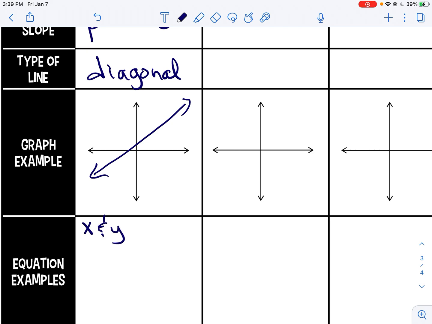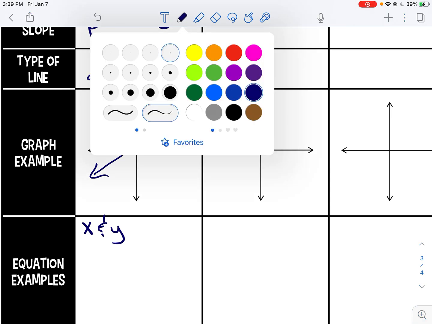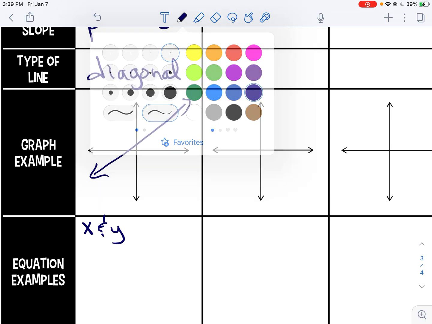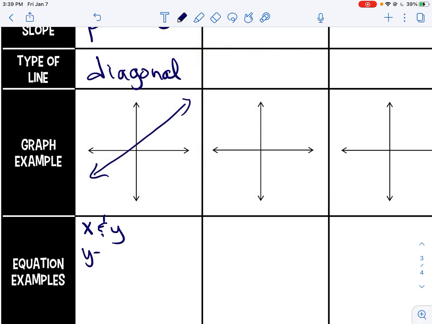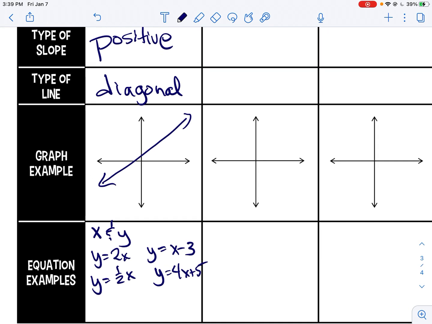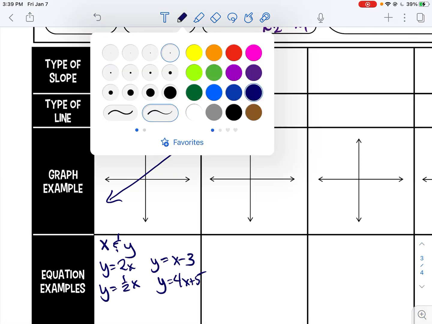It won't just have one of the two. I want this color. So y equals 2x. Y equals x minus 3. Y equals 1/2 x. Y equals 4x plus 5. Okay, those are examples of a positive slope.